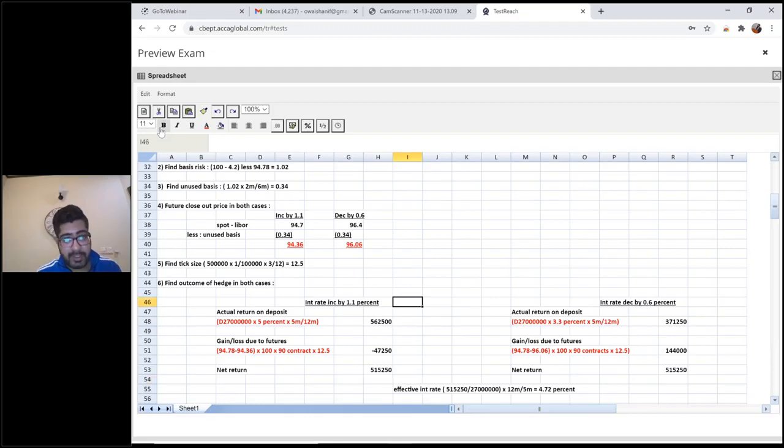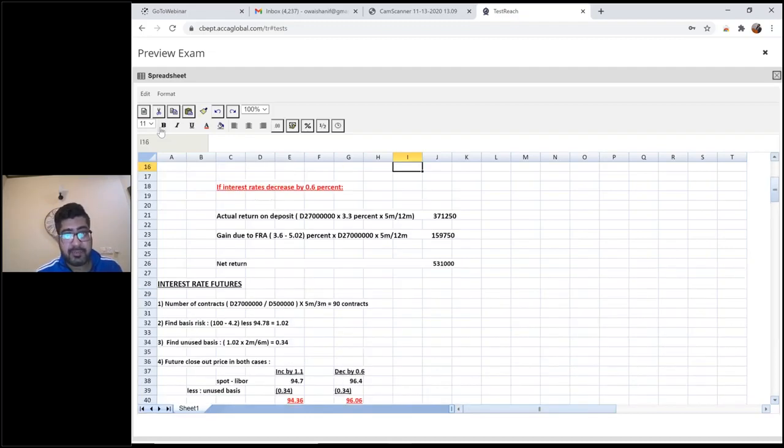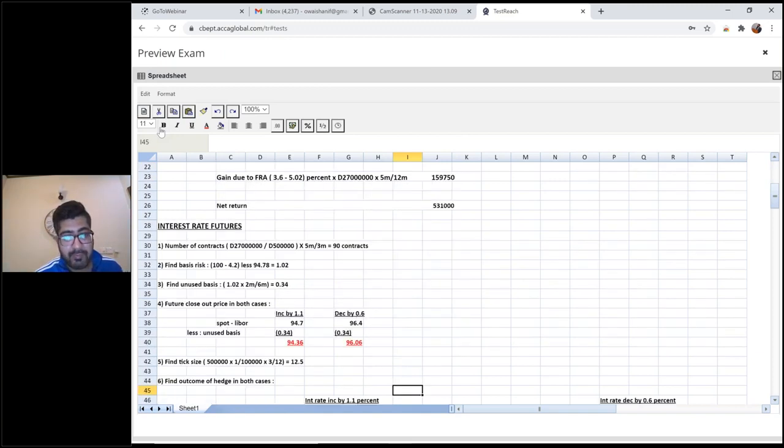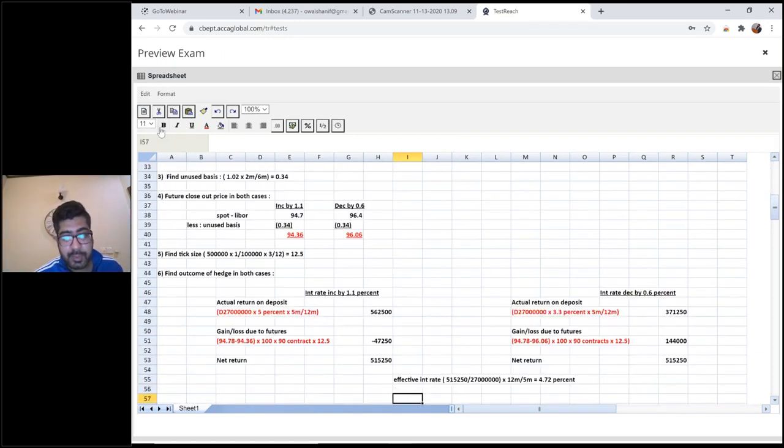Now, comparing these two, the effective rate was 4.72 in FRA, and in futures it's coming 4.58.